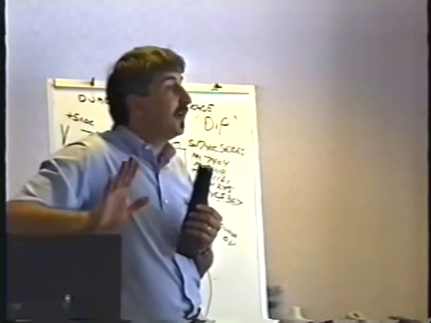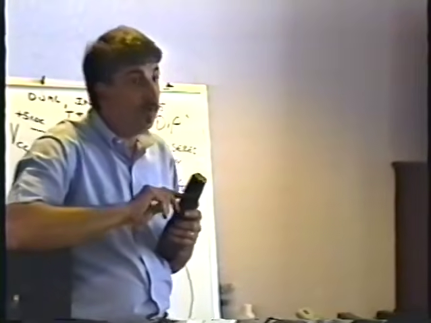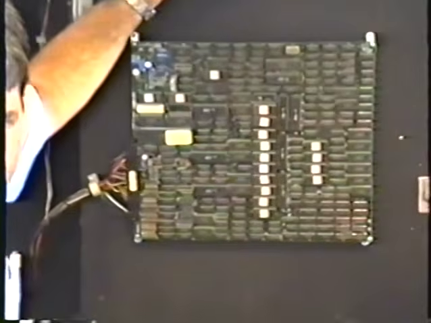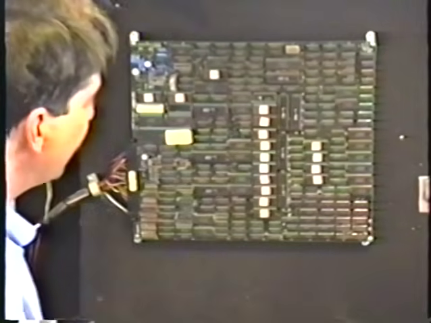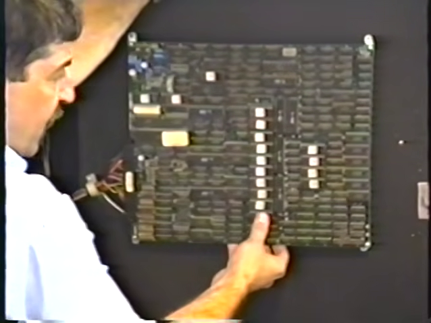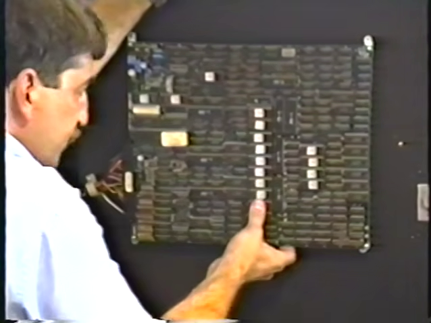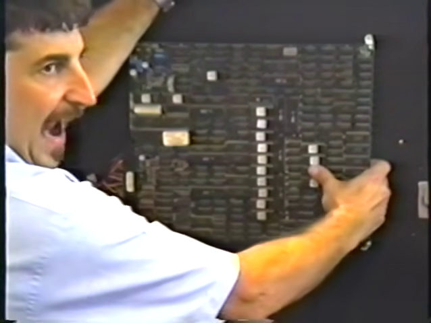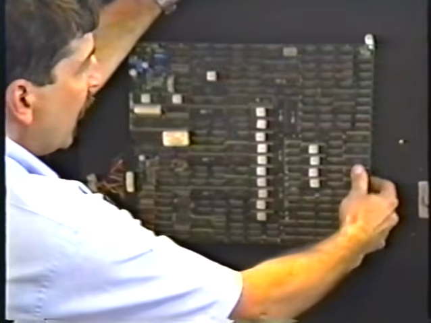Don't give up. There's plenty of things that you can do to try to fix this problem. And one of them is this. The chips that are on the board very often simply get loose. I'm going to just unplug this so I don't do anything stupid. Very often, the only thing you have to do is push in on the chips. And sometimes you'll hear them going crack, crack as they snap in place.